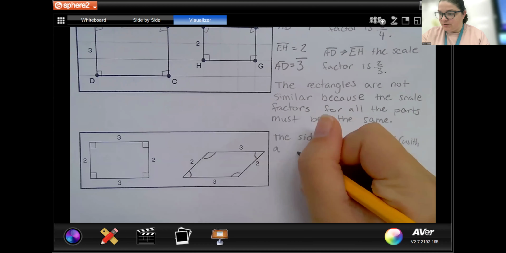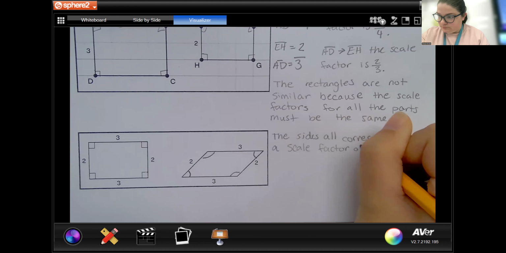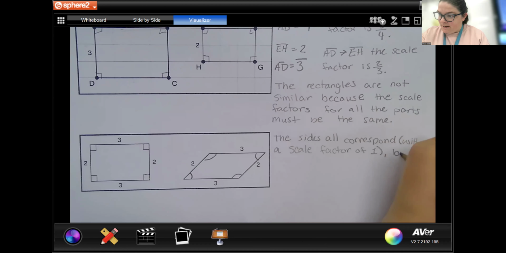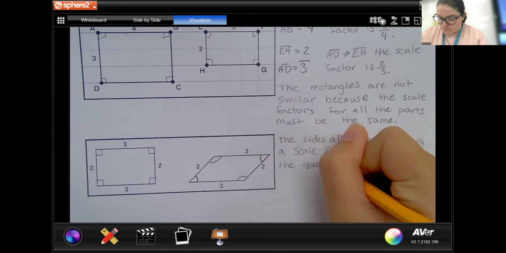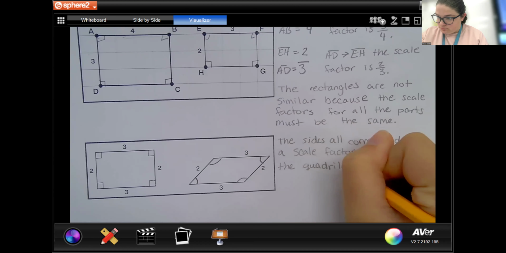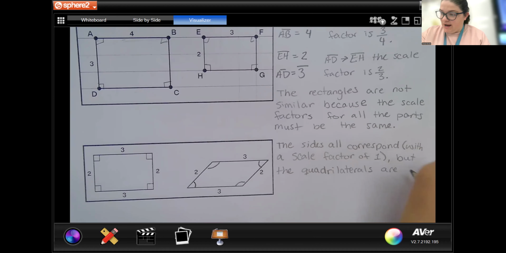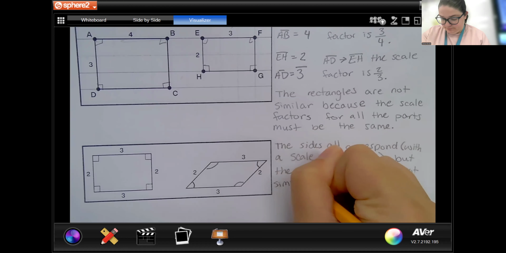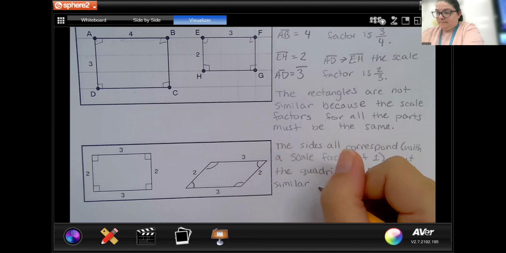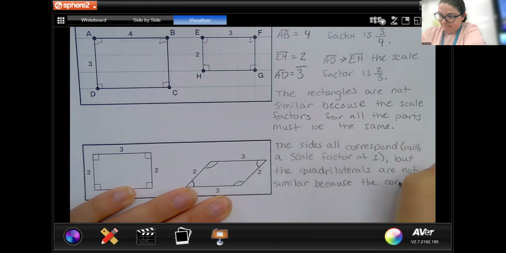So with a scale factor of 1, but the quadrilaterals are not similar because the corresponding, I run out of space here.